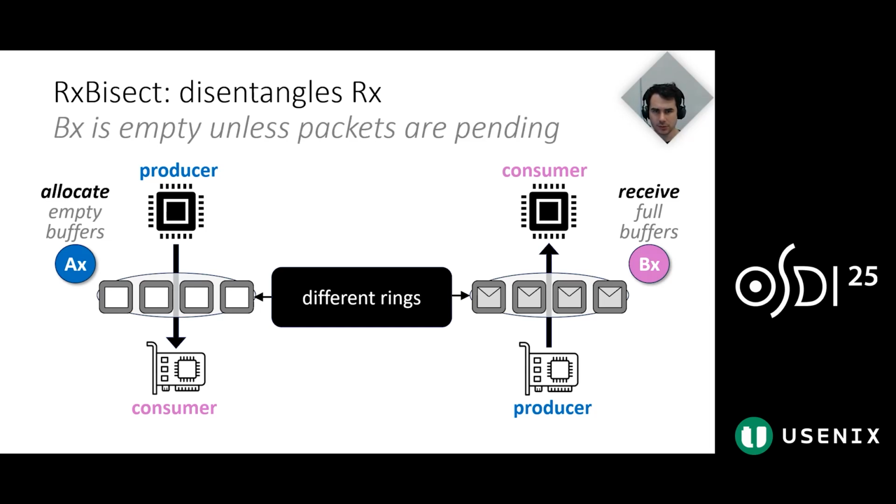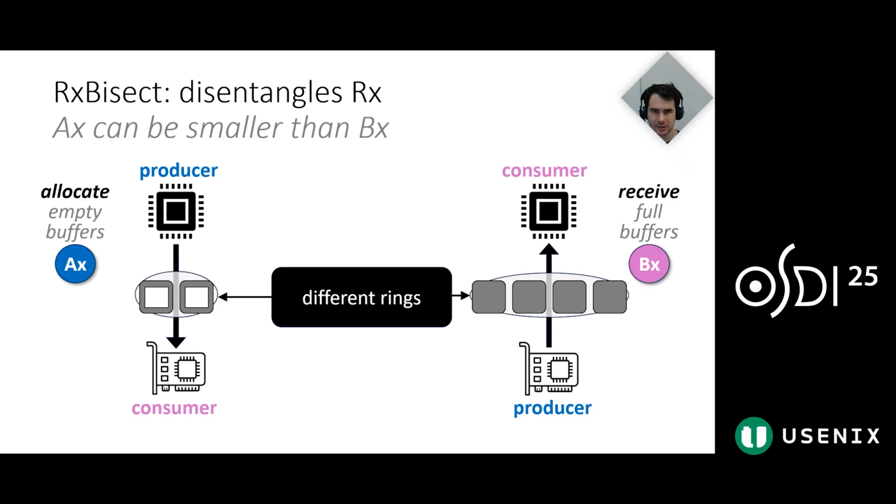Note that the AX ring is always kept full of buffers by the CPU, while the BX ring is typically empty, as the CPU drains it from buffers as soon as possible. The reason the BX ring is mostly empty is rooted in queuing theory, which dictates that as long as the service rate exceeds the arrival rate, no long-standing queues are formed.